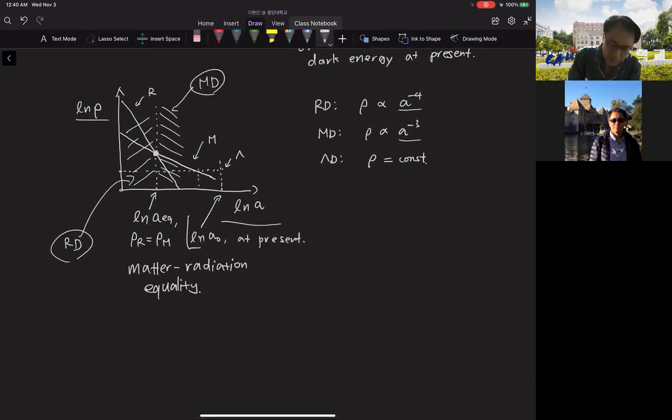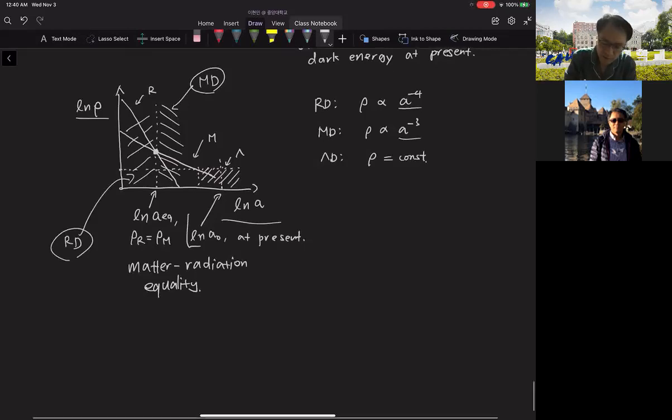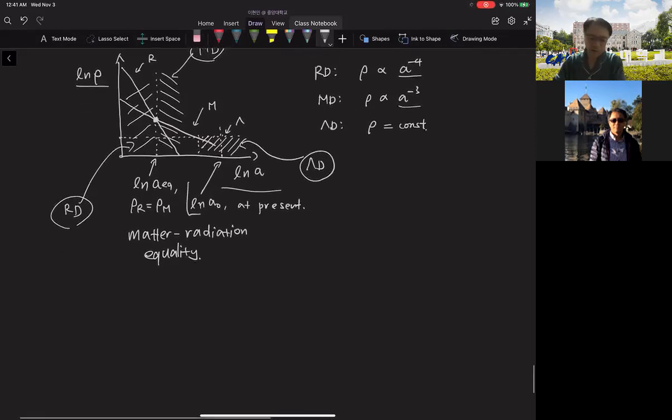And here, at some point, vacuum energy, lambda, is dominant, in this region. If the vacuum energy doesn't change the energy density, vacuum energy will keep dominating. So this is lambda. So there are two boundaries.